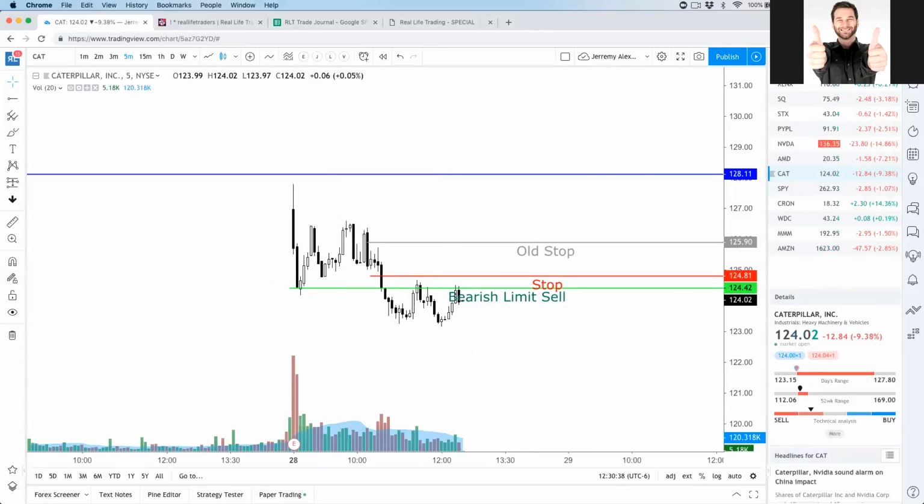So this is another perfect scenario on Caterpillar. If you shorted this breakdown with a stop up here somewhere, and it makes a new low right there, 3 candles in a row, you exit some of the position. Exit some of your bearish trades. Obviously, we can see it went a little bit lower, but that's all in hindsight.